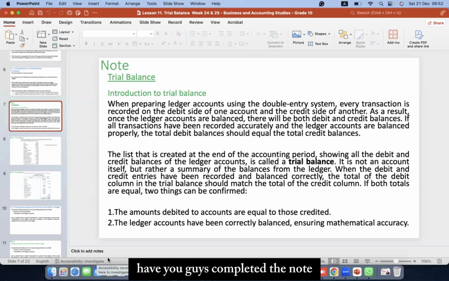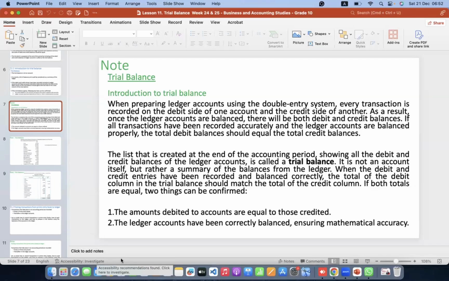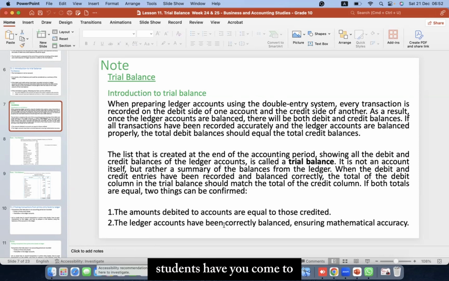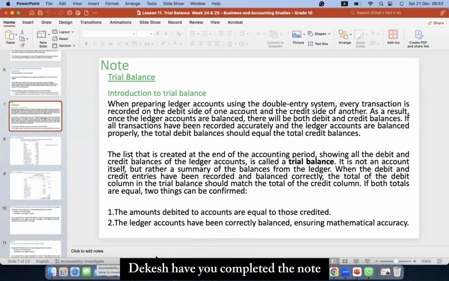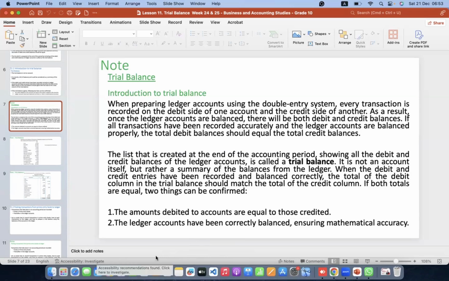Have you guys completed the note? Students, have you completed the note? How is the situation? Jahit, Omera, Rikesh, have you completed the note?